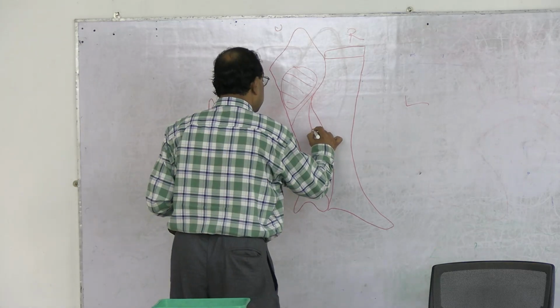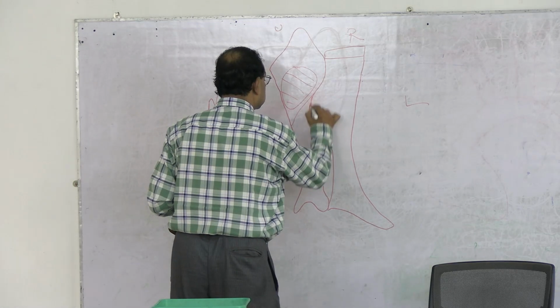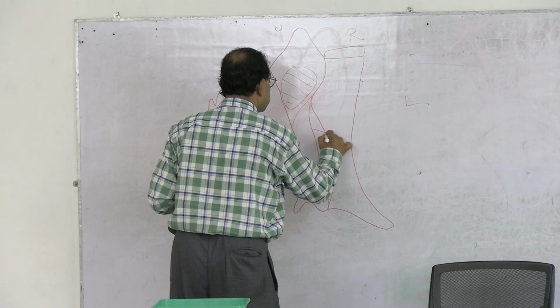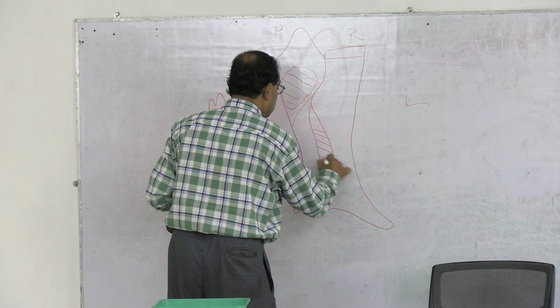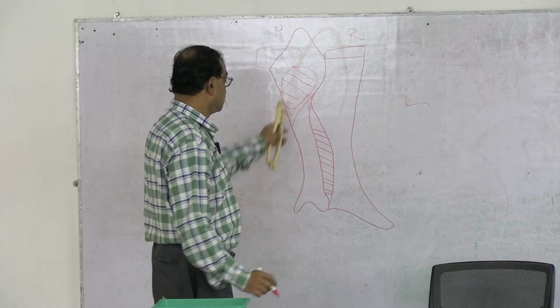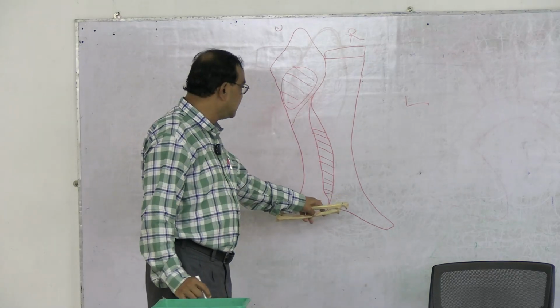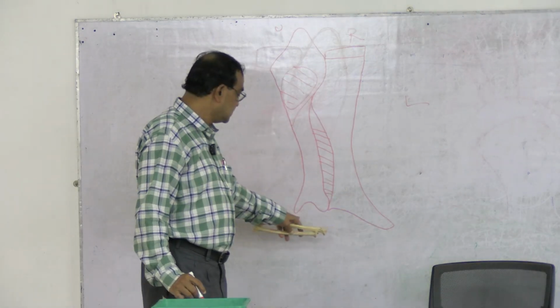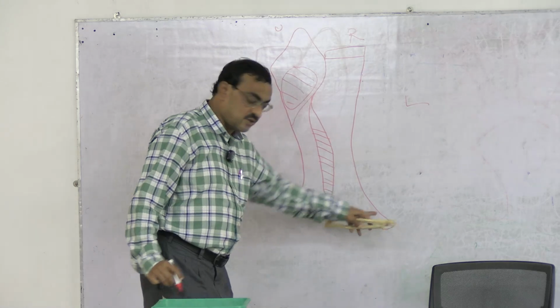And here we are getting the interosseous membrane. This is the head of the ulna. This is the styloid process.